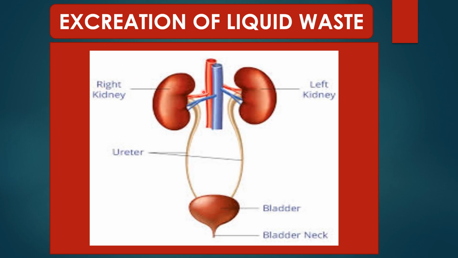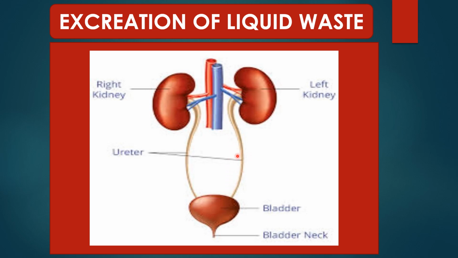The blood, which is carrying the liquid waste, comes to the kidneys. When the blood reaches the kidneys, they filter the blood. They take out the waste liquid from the blood and send it to the urinary bladder with the help of the ureter.